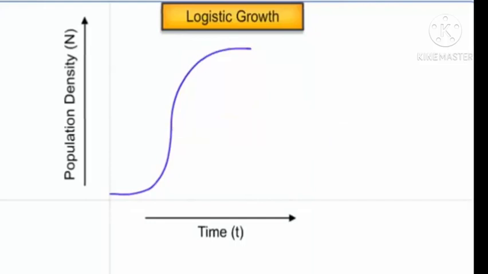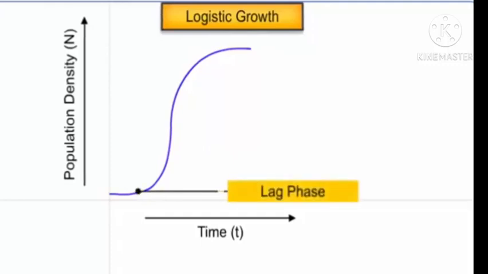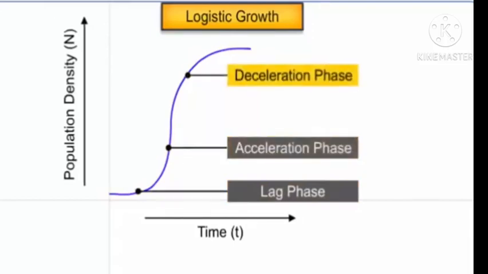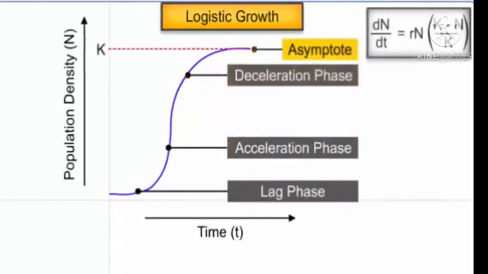From the graph, you can see that for a population growing in a habitat with limited resources, there are three phases. Initially, a lag phase, followed by phases of acceleration and deceleration, and finally, an asymptote, when the population density reaches the carrying capacity.